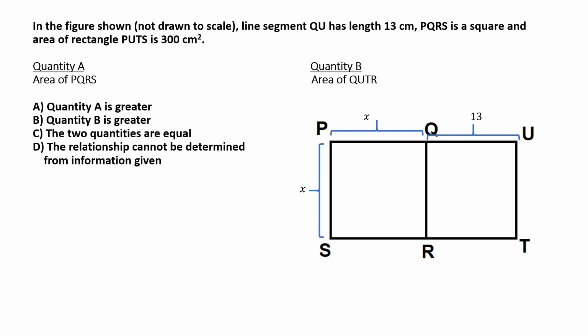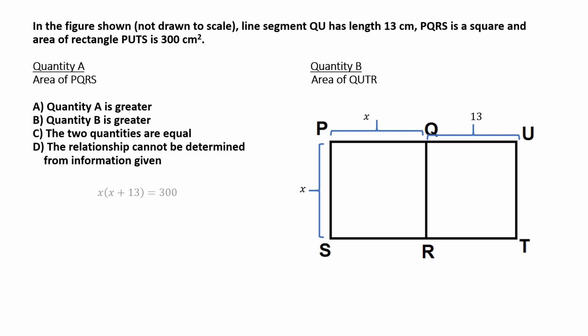Now, if you look at the rectangle PUTS, one of its sides, PS, is of length X, and the adjacent side, PU, combines the lengths of PQ and QU. So PU will be equal to X plus 13. So we have rectangle PUTS where the adjacent sides are X and X plus 13, and that makes the area of the rectangle X multiplied by X plus 13. And that's given as 300 centimeters squared.